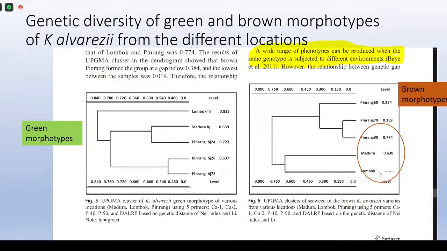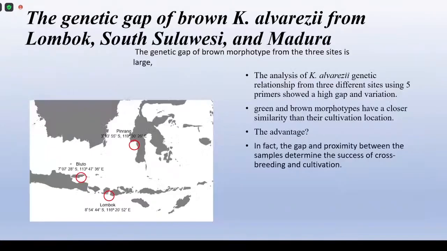A wide range of phenotype can be produced when the same genotype is subjected to different environments. And for the genetic gap of brown Kappaphycus alvarezii from Lombok, South Sulawesi, and Madura, the genetic gap of the brown morphotype from the three sites is large.